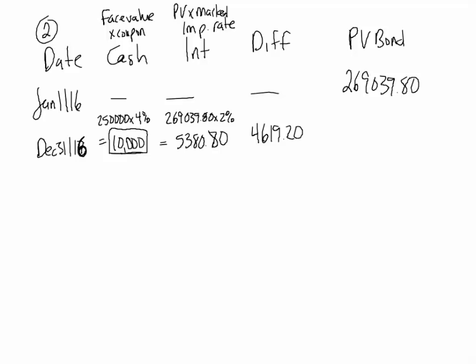So 269,039.80 minus 4,619.20 is $264,420.60. The present value of the bond is going down because the investors paid some of the interest themselves when they bought the bond for more.